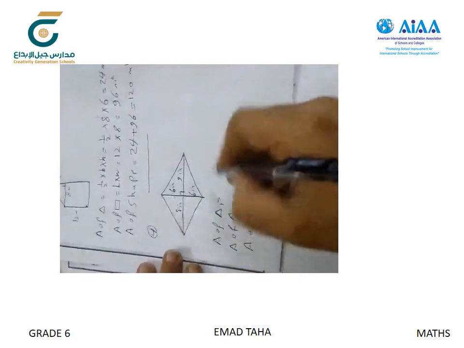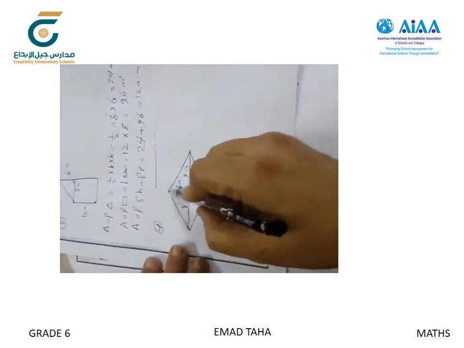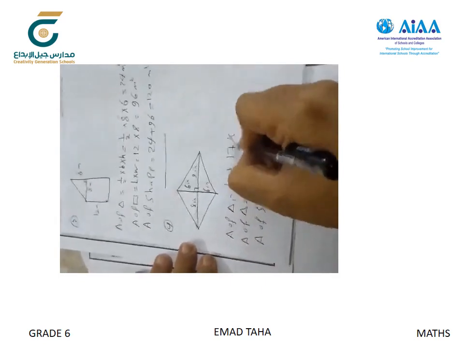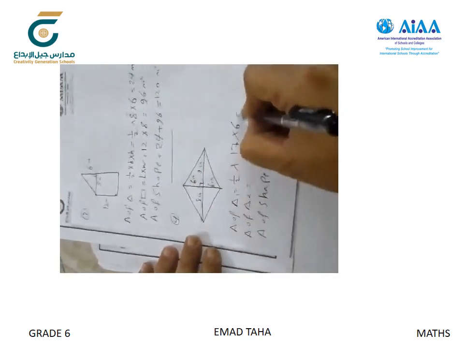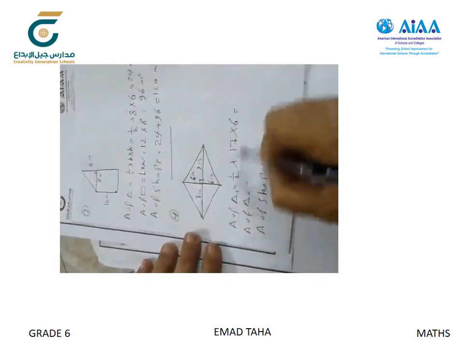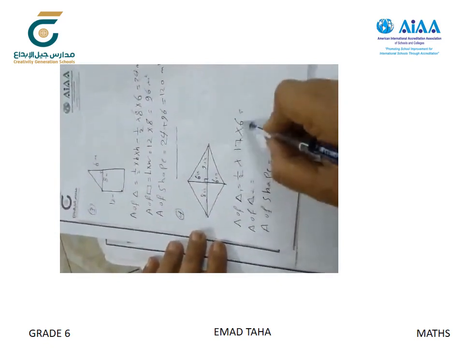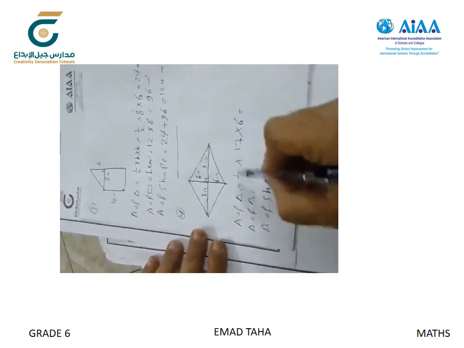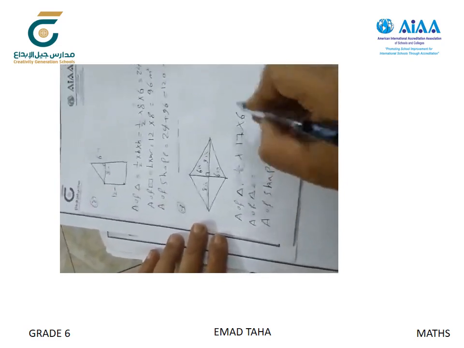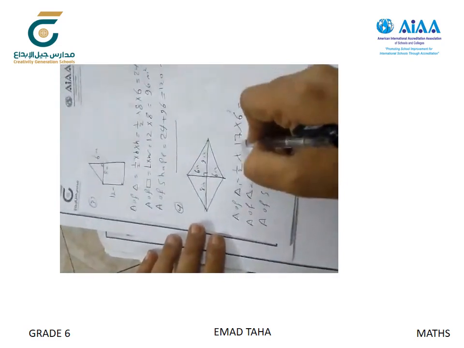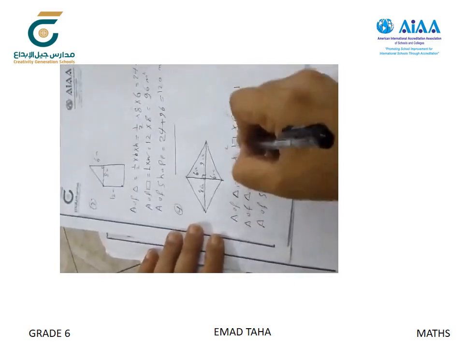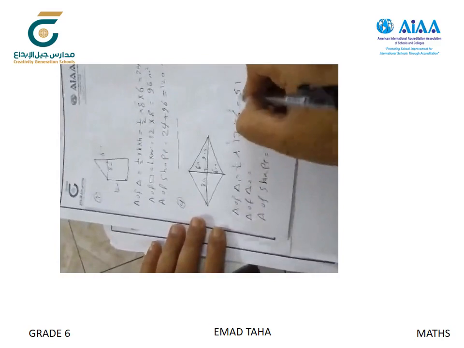Now the area of the first triangle is half times height times base, where the base equals 17 and the height equals 6. To make it easy, start with half times 6 equals 3. If we have an even number, we can multiply half by this number, so it will be 3. Now 3 times 17. 3 times 7 is 21, write 1 and carry 2. 3 times 1 equals 3 plus 2 equals 5. So 51.